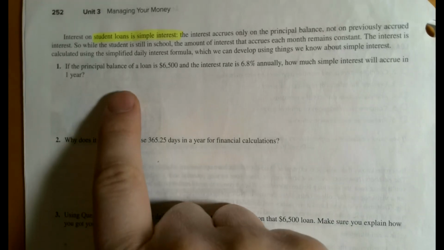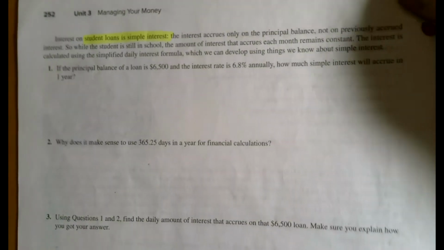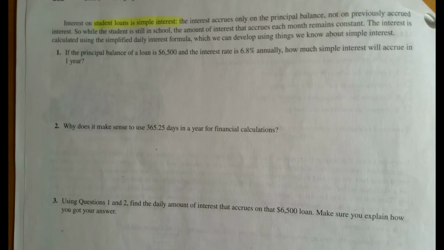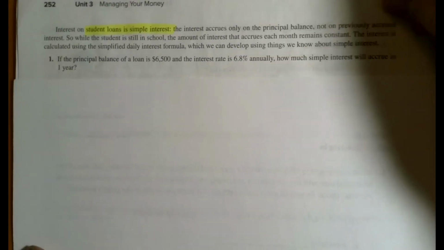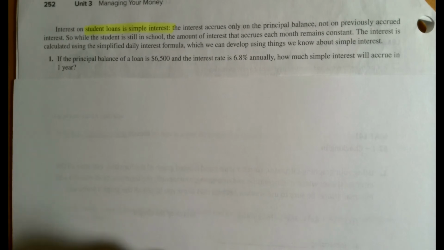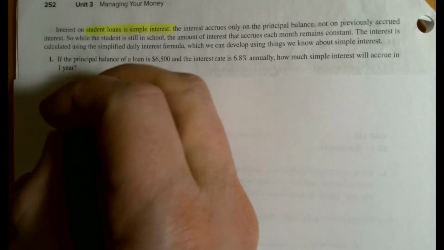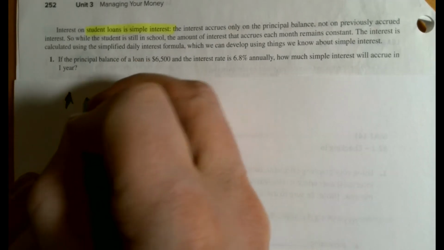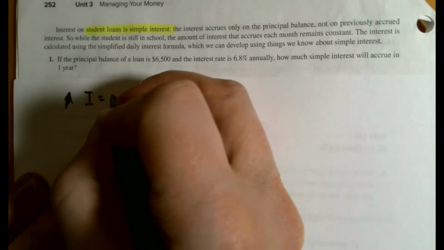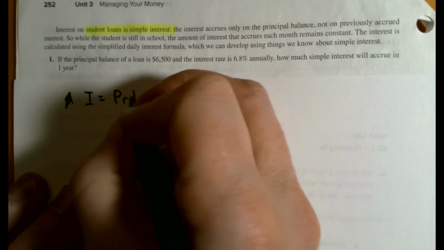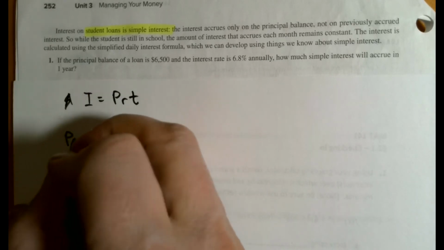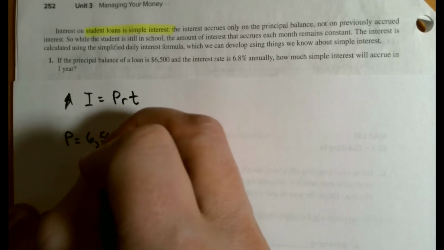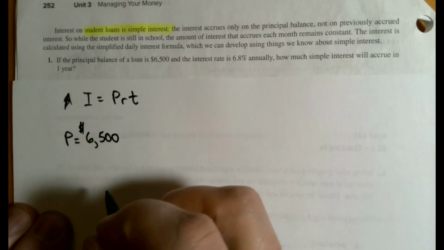If the principal of a loan is $6,500 and the interest rate is 6.8% annually, how much simple interest will accrue in 1 year? Well, this is a great review of section 3.1. We know that the formula for simple interest is I equals P times R times T. From our problem, P is $6,500, how much we borrowed as a student.